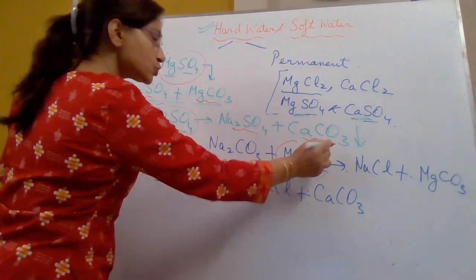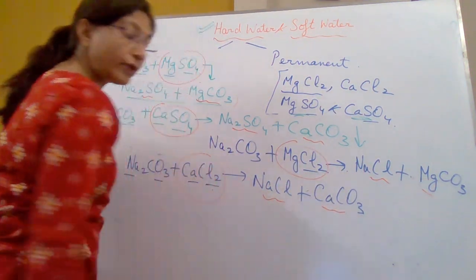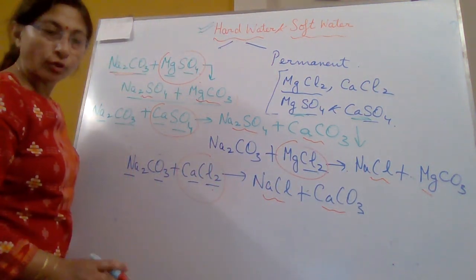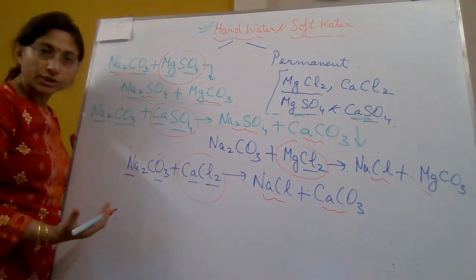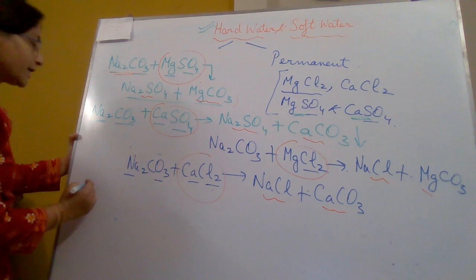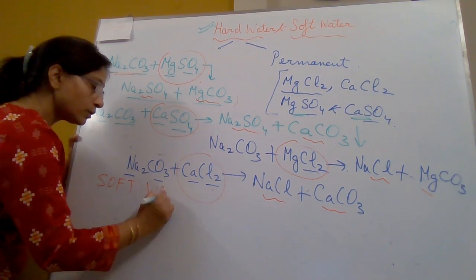Fine? And these salts then are precipitated and filtered out from the sample of water. Whatever is left behind after filtration, the sample of water we will get is going to be soft water.